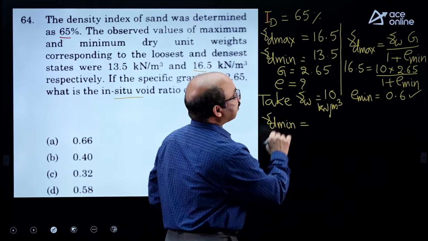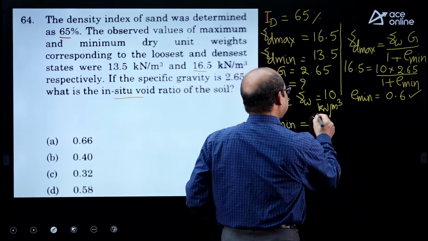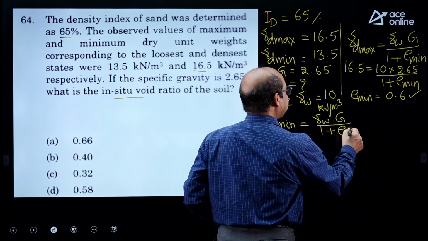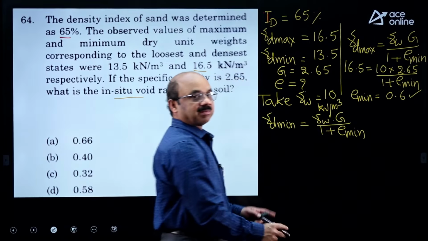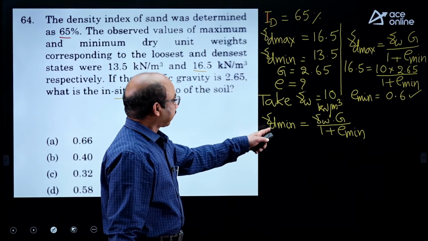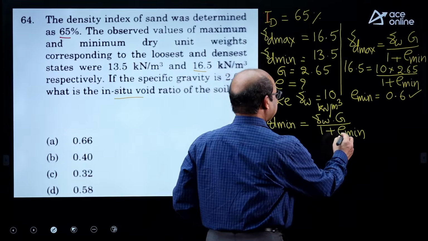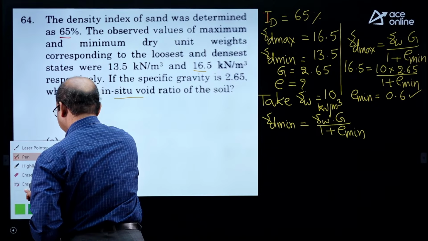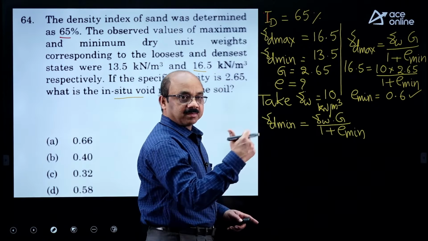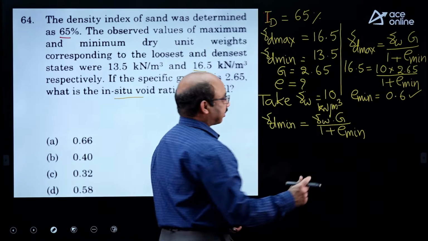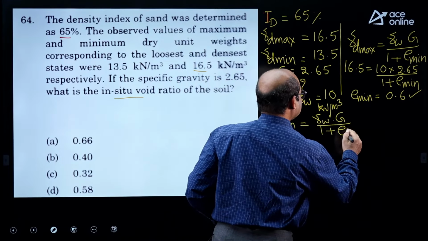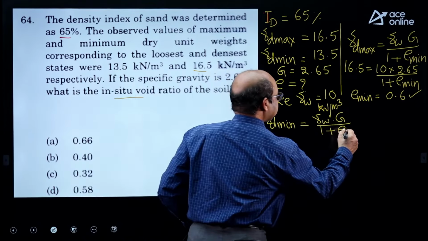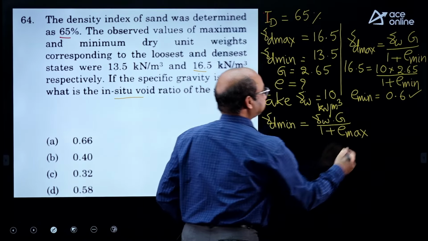If you take gamma D minimum, gamma W into G by 1 plus E, because they are inversely proportional, to get gamma D value minimum, E must be maximum. So I take this maximum here.